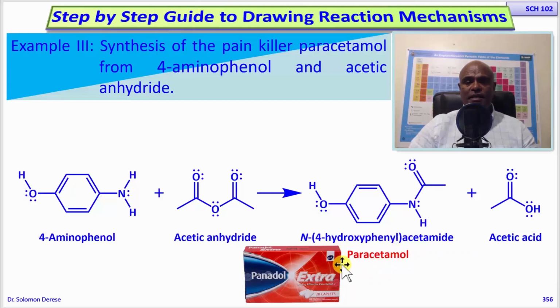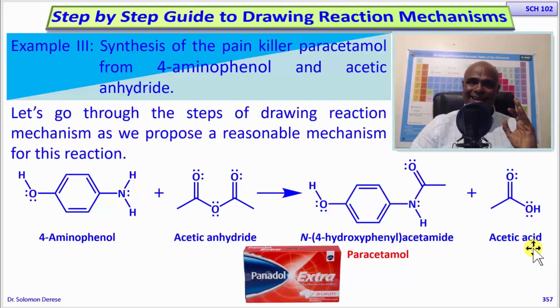And as we synthesize paracetamol, there will be a side product formed. The side product is acetic acid. We are going to use this reaction as an example and go through a step-by-step guide to drawing reaction mechanisms.